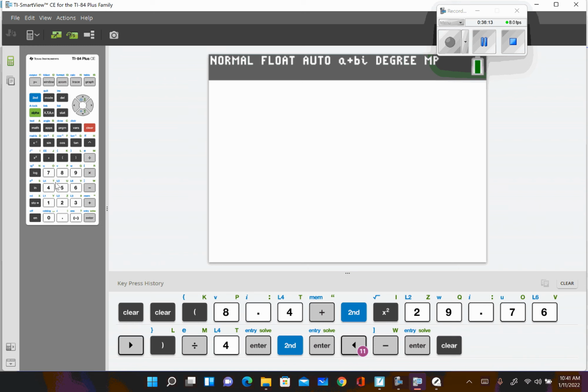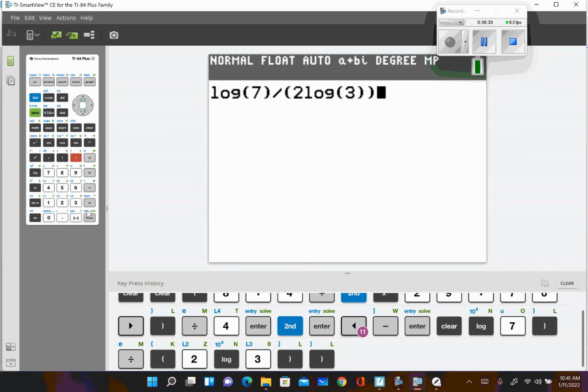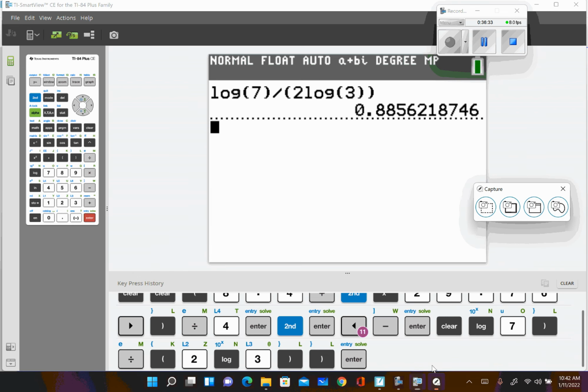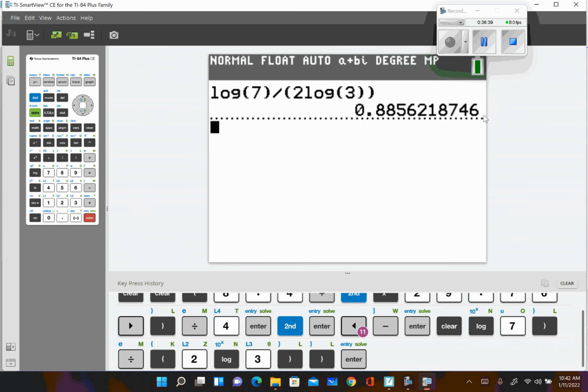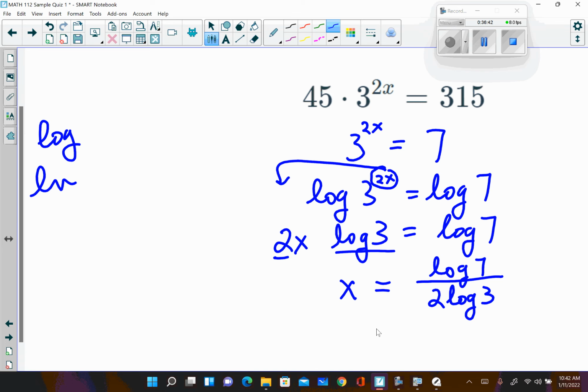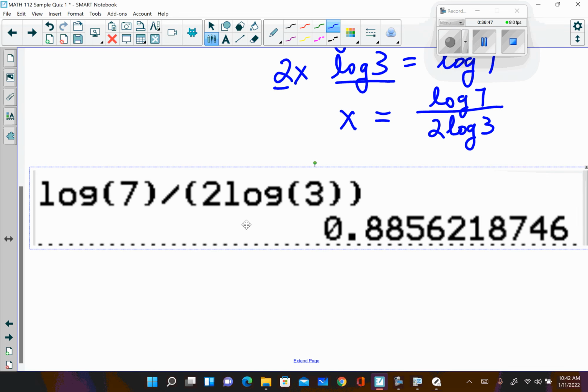So the numerator is, and you can use either log or ln button, log 7 divided by parentheses 2 log 3, closing parentheses. Log 7 divided by 2 log 3 to the nearest hundredth, x is 0.89.